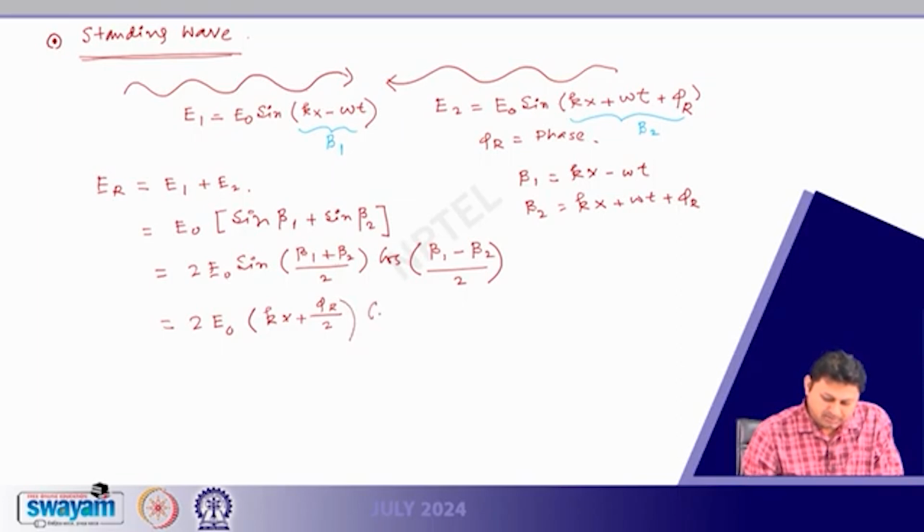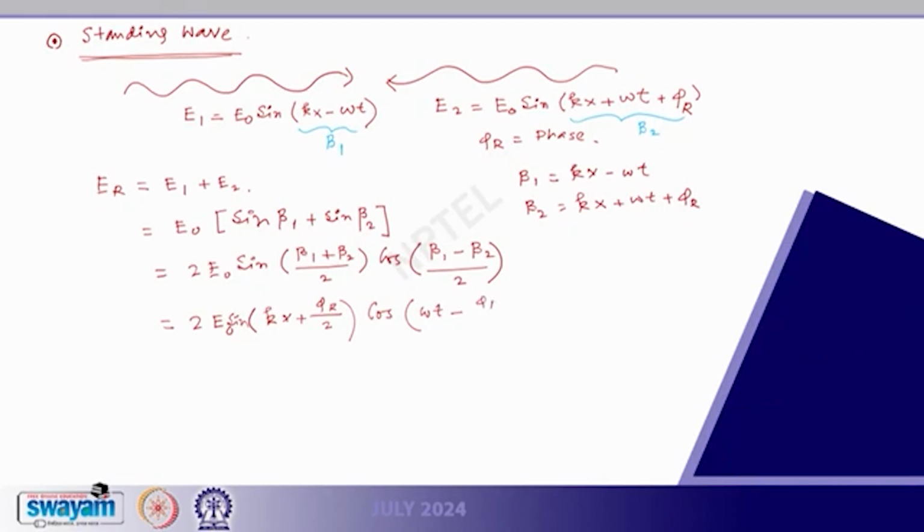Sorry, it should be the sine term here, sine of these things, and cos of, when we make it negative, omega t minus phi r by 2.